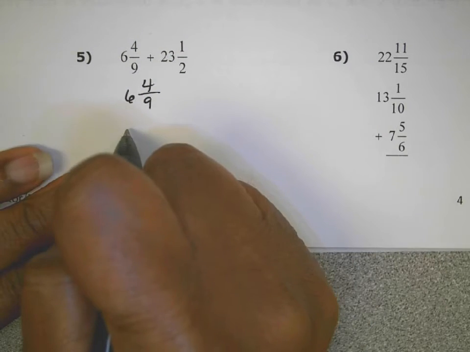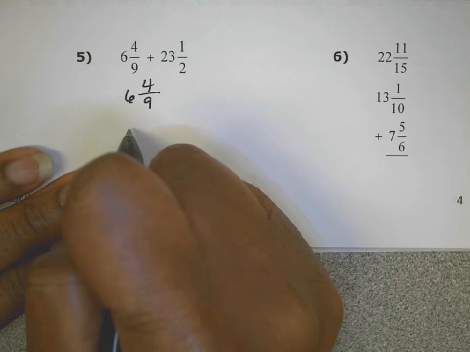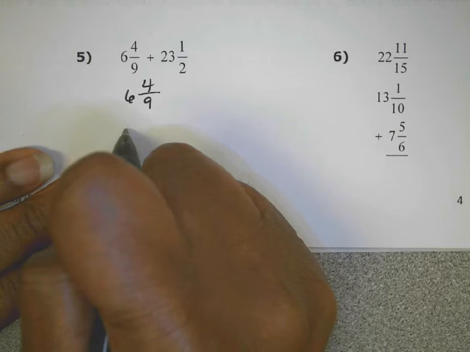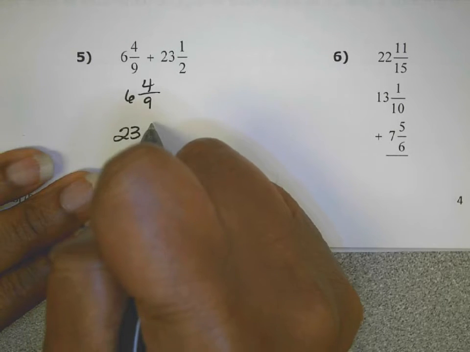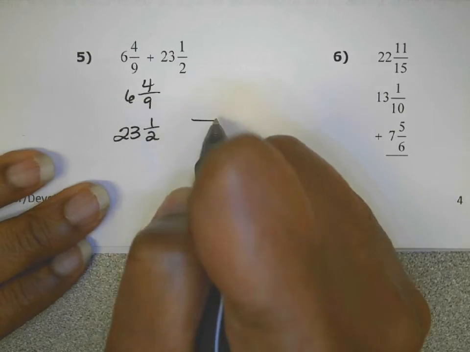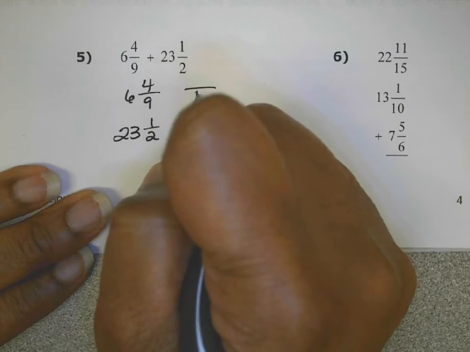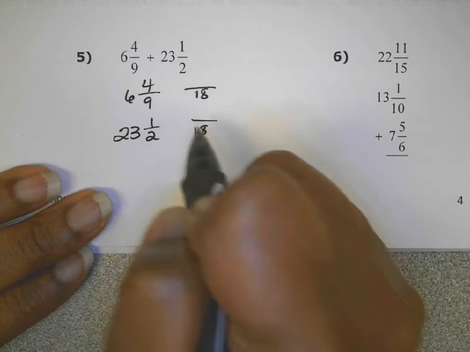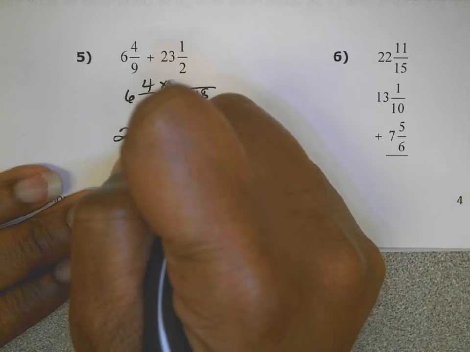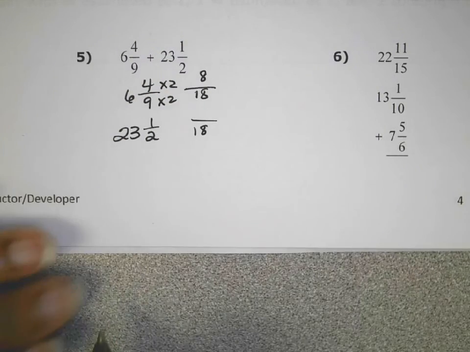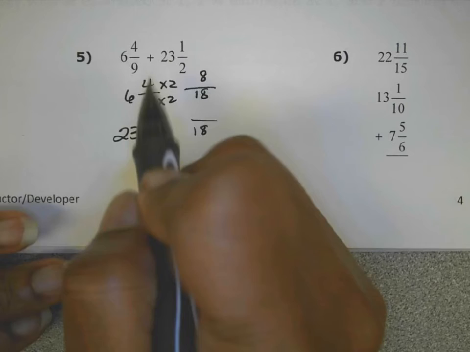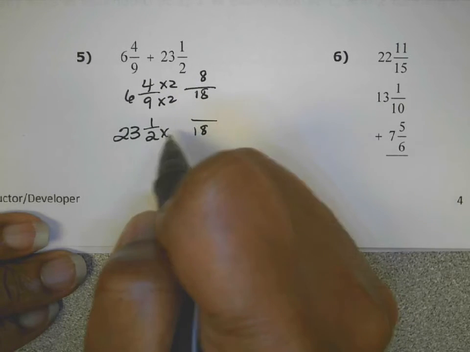It's going to be 18 on this one because I have to take 9 times 2 in order to get my LCM and my LCD. And by the way, I know this one's by 2. 2 times what gives me 18? 9.